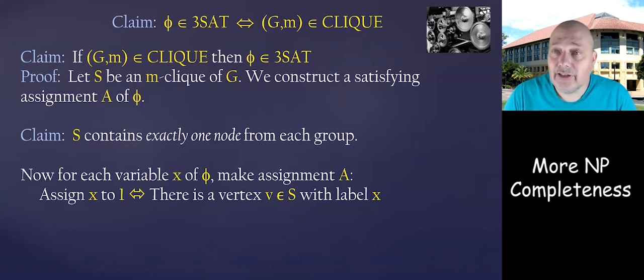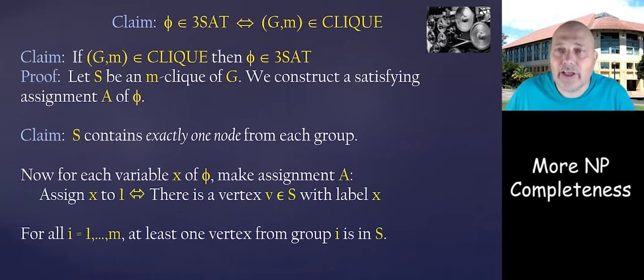If I don't have it, then I'm going to set it to be 0. In particular, if x is not in the clique but not x is in the clique, then x is not set to 1, it's set to 0, and not x is true.